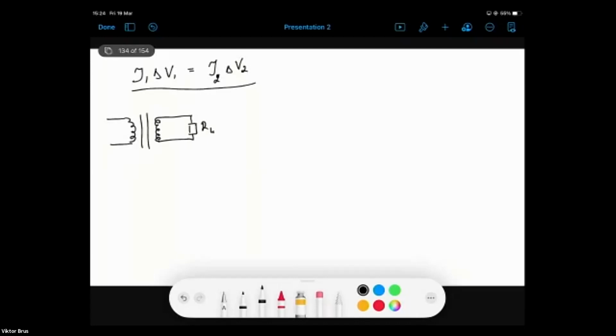So current in the circuit, which is created by the secondary coil and this resistor, I2, will be equal to the voltage in the secondary coil, delta V2, divided by RL. It's the load resistor.